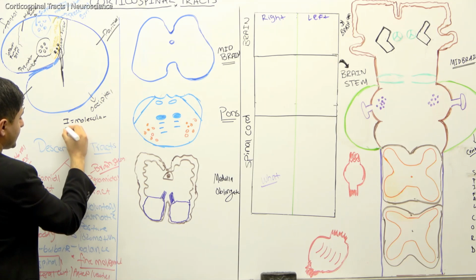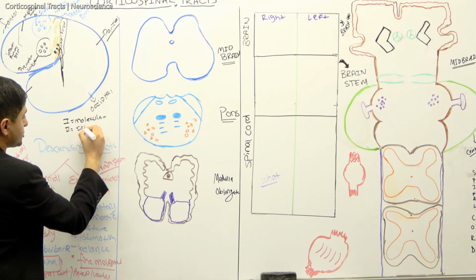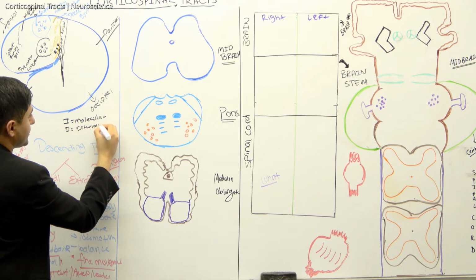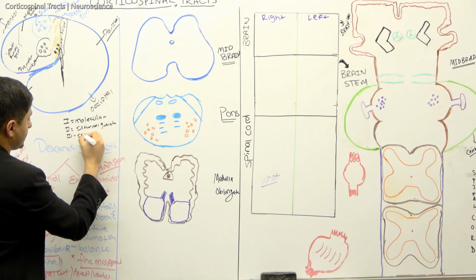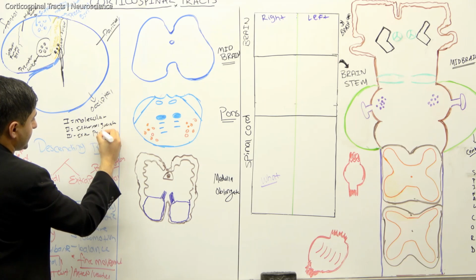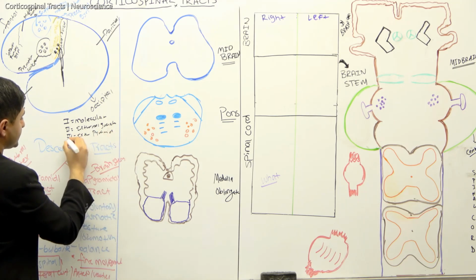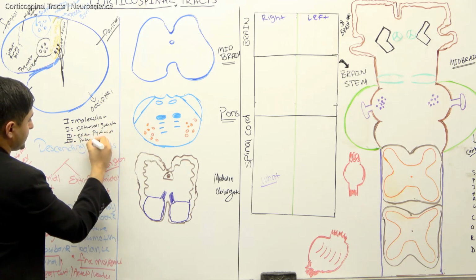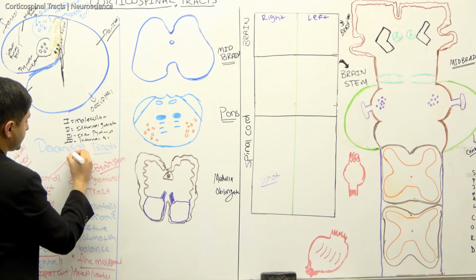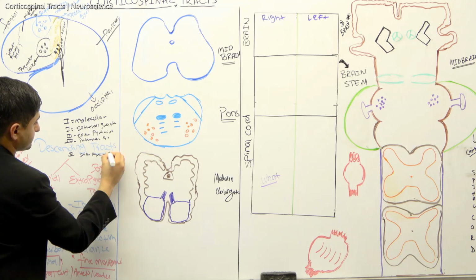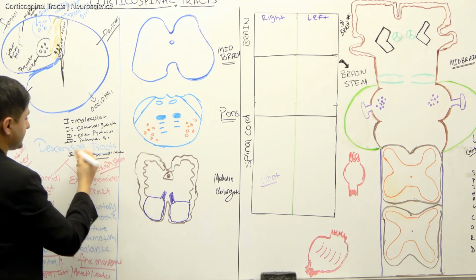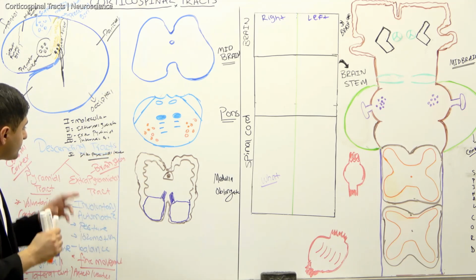Second, you can say, is the external granular layer. Third is the external pyramidal layer. Fourth is the internal granular layer. And fifth is the internal pyramidal layer. All right? And then there's also number 6. But I want you to remember this one.